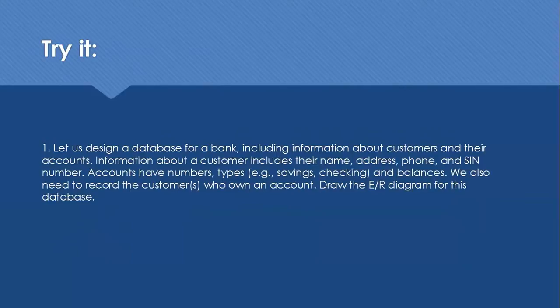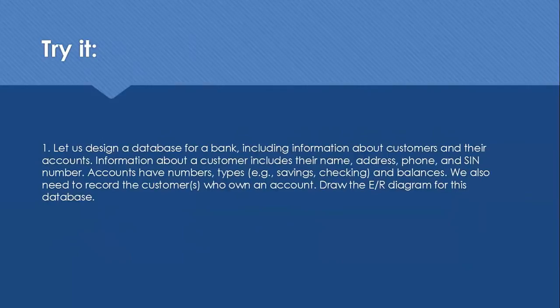Accounts have numbers, types, for example savings or checking, and balances. We need to record the customers who own an account. We need to draw an ER diagram for this database. Now pause the video again over here, please, and try drawing an ER diagram. Once you try it, you got your solution, we can move on.